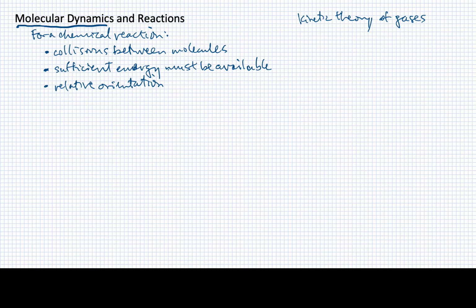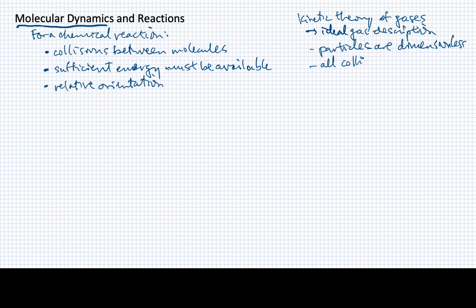Now, I should say that these really lead us to what you might call an ideal gas description of a molecular system. And in particular, what we have are particles that are dimensionless, that is to say they're point particles. We also have particles that bounce elastically off one another, so all collisions between particles are completely elastic, that is to say they conserve momentum.